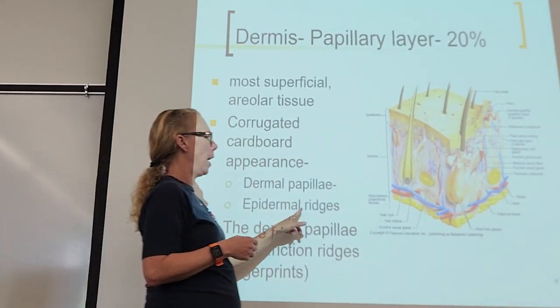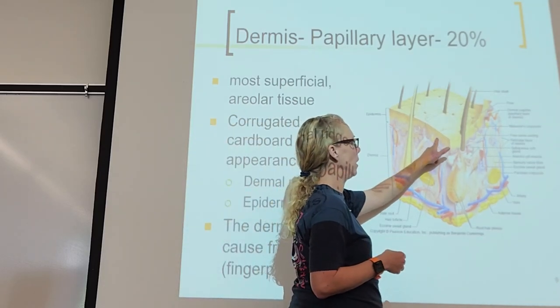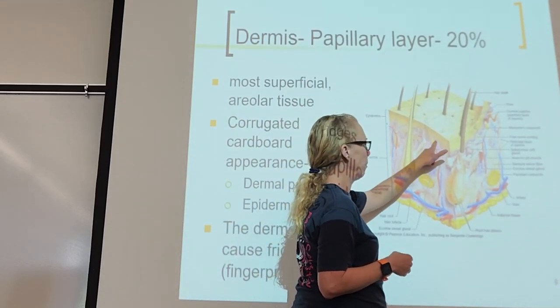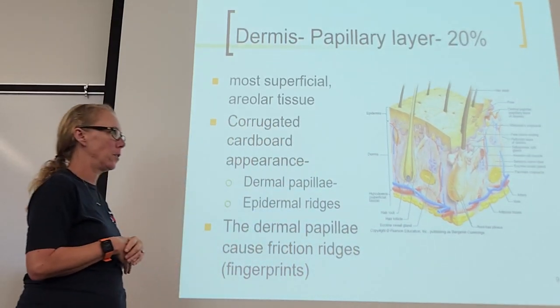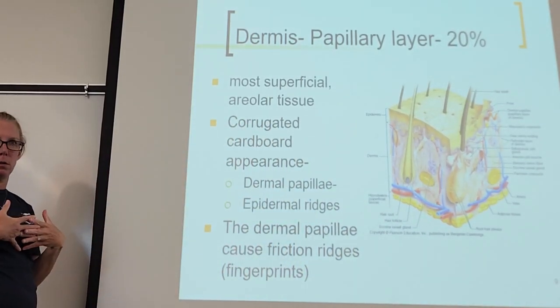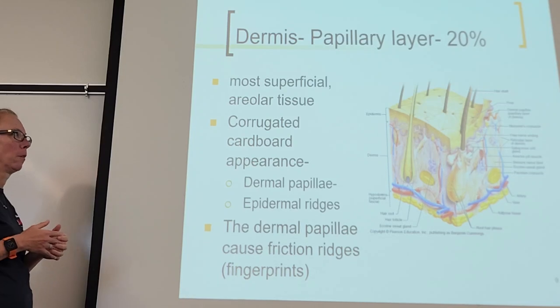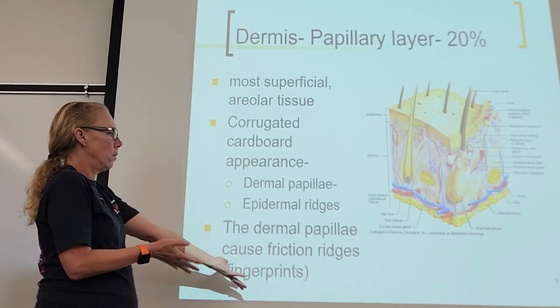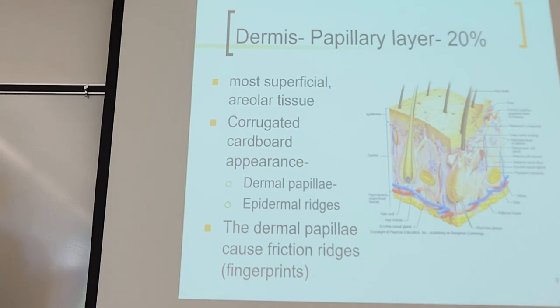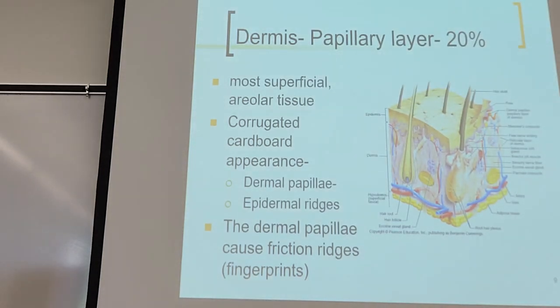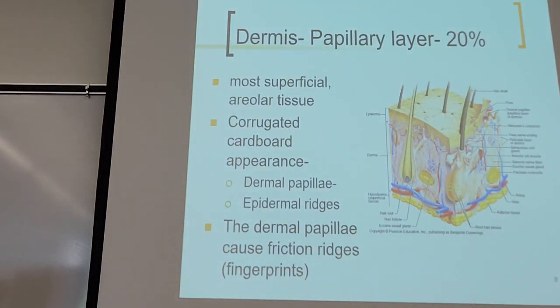It's similar. Epidermal ridges are basically just the indentations on the epidermis that are fitting right on top of the dermal papilla for that nice puzzle piece fit. And just FYI for fun, the dermal papilla are what give you your fingerprints. So everybody has different dermal papilla orientations, so everybody's fingerprints are going to be different.